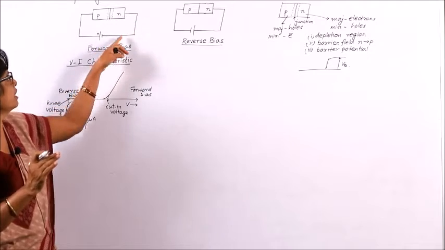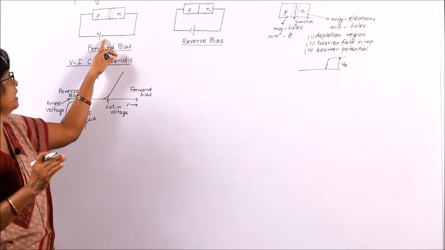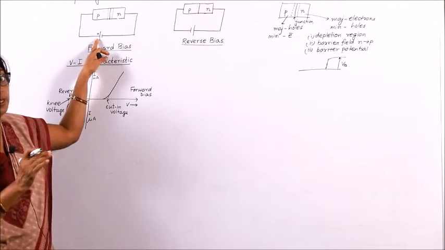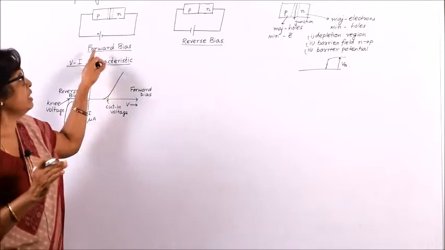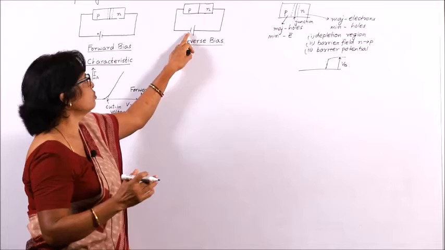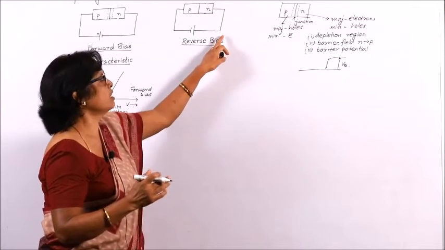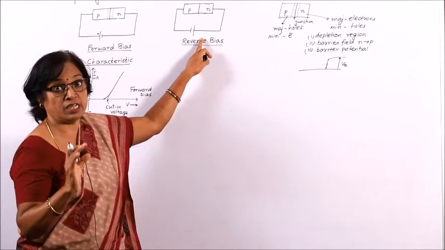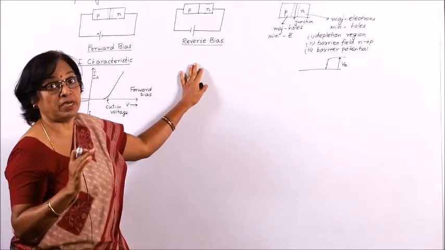The opposite, when the P side is connected to negative and the N side to positive of the external source, is called reverse bias.